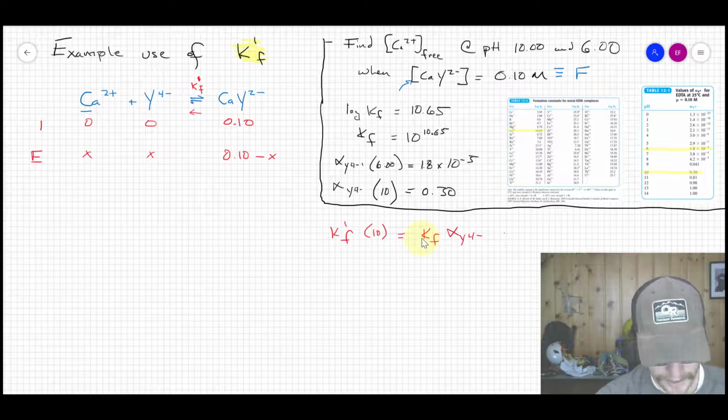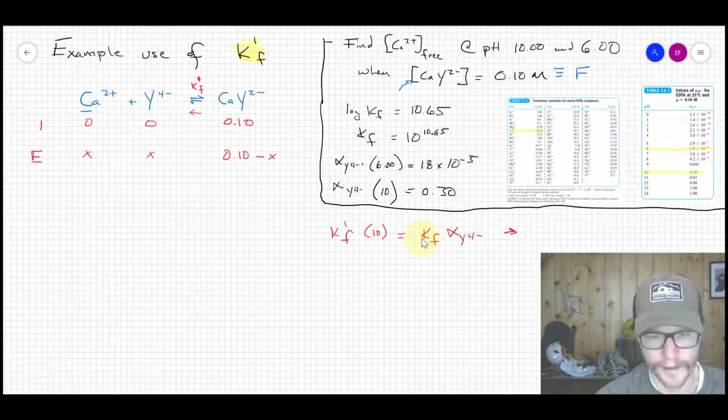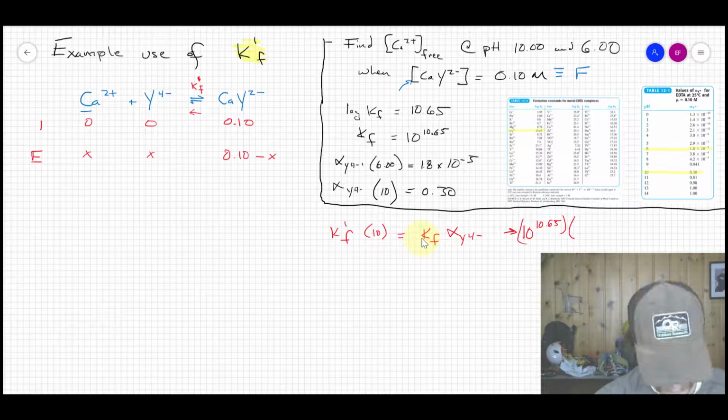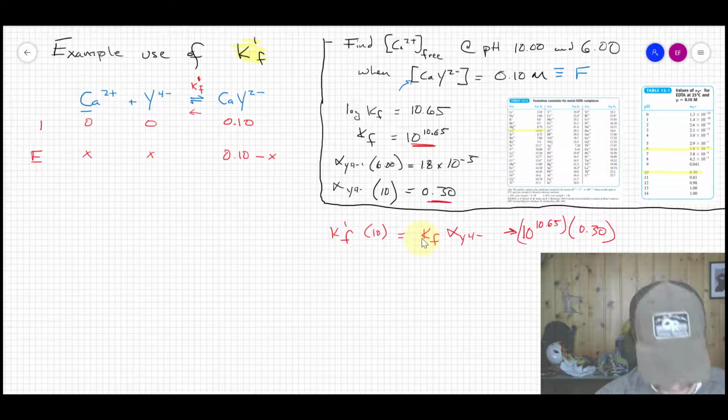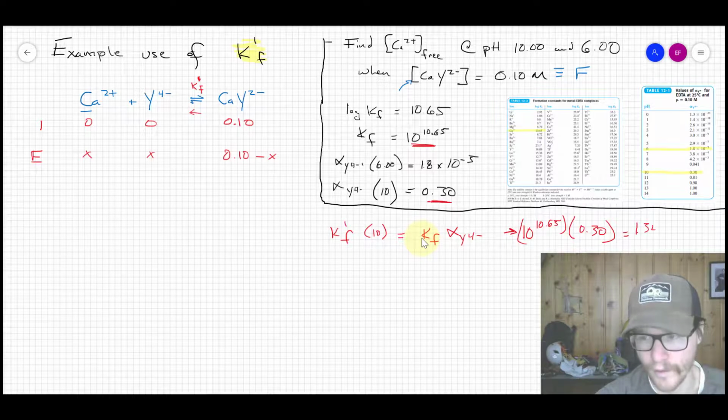So that is 10 to the 10.65 multiplied by 0.3. So that's Kf times that, which gives us a value of 1.34 times 10 to the 10.